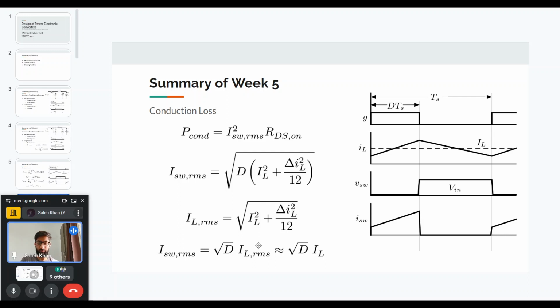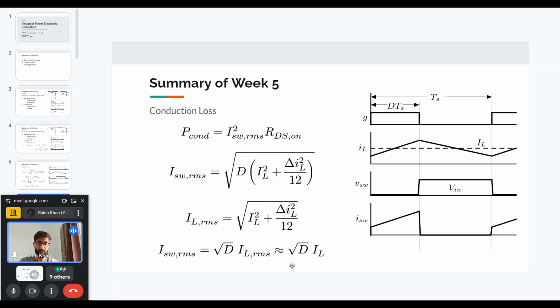And now if we assume the inductor current ripple is very small, then we can actually ignore this delta IL divided by 12 term, and then we can just say that the inductor current RMS is equal to the inductor current average. So this ripple is too small, so the inductor current is basically a DC current, and the RMS of a DC current is the DC value itself.